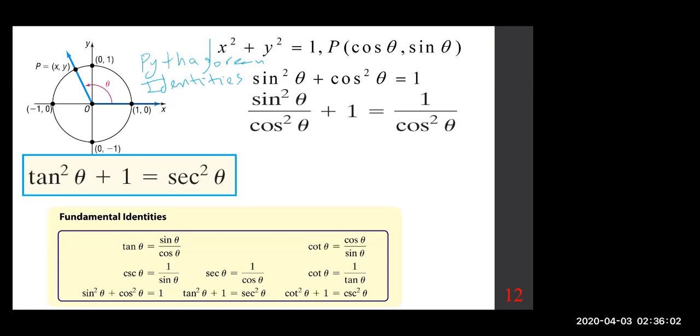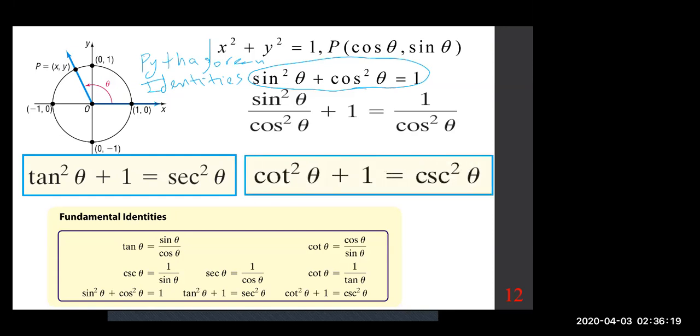Now, what if we divide both sides by sine squared? What do we get, class? So this original one, now divide by sine squared. What do you get? Cotangent squared. 1 plus cotangent squared equals cosecant squared. You can put any of them first, it doesn't matter. So these three are known as Pythagorean identities.